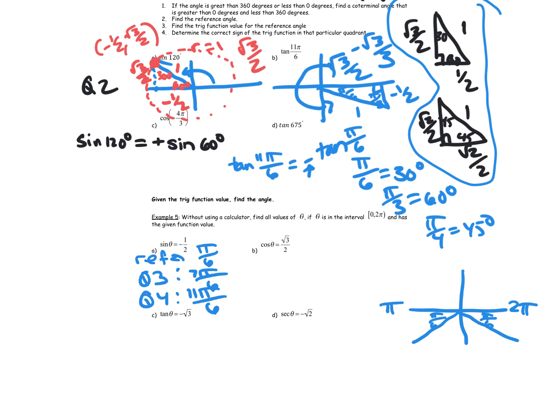Let's do another. Let's do cosine of an angle is root 3 over 2. First thing I think about is, okay, cosine is positive in what quadrants? Well, I want where x is positive, so I want quadrant 1 and quadrant 4. Then I think about, okay, what's the reference angle? Looking at my special triangles, which acute angle, when I take the adjacent over hypotenuse, do I get root 3 over 2?